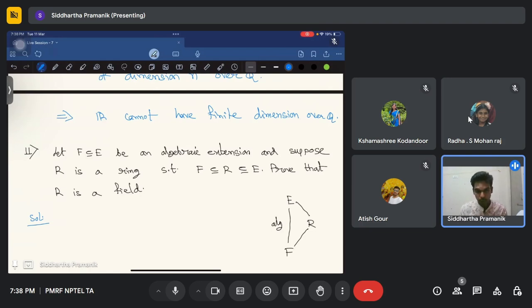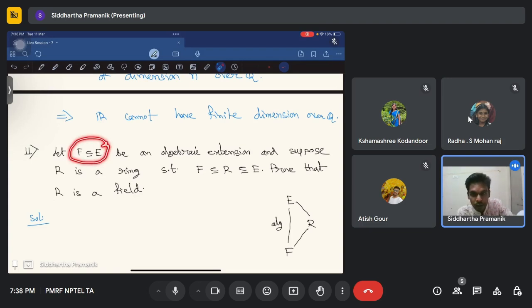So what do we have to prove in this case? So just try to think step by step. So we need to prove R is a field, right? So that means we need to prove every non-zero element of R is a unit. And what is given here? So given is that this extension is algebraic.